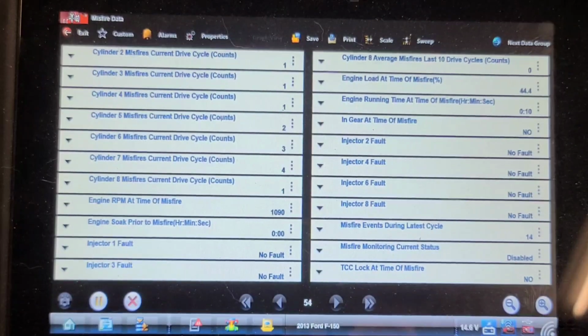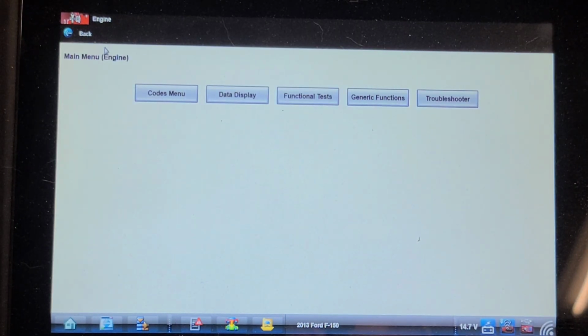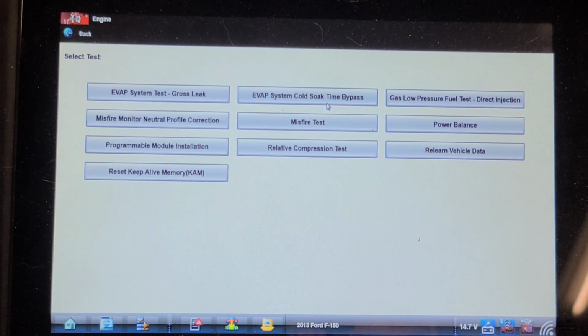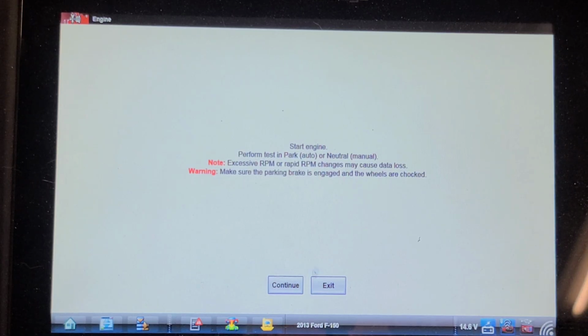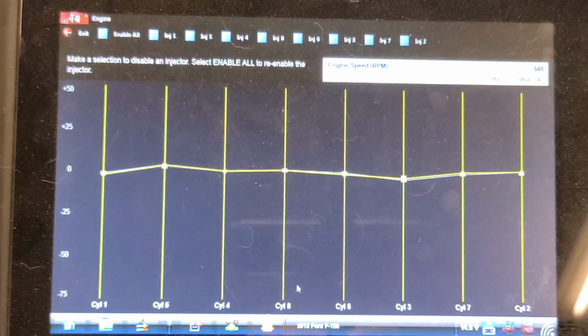Let's check cylinder contribution and see if it shows a misfire. Functional tests. Is it under special functions? Relative compression test. Power balance. Come on, you can do it, Snap-on. I'm going to load this thing a little bit and see if it counts any misfires.